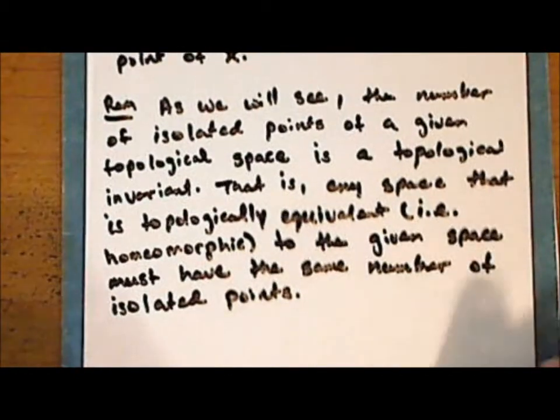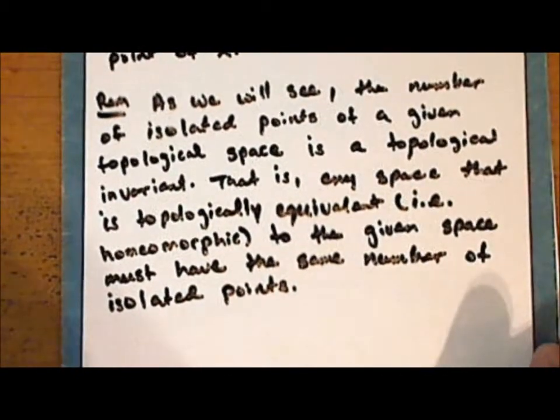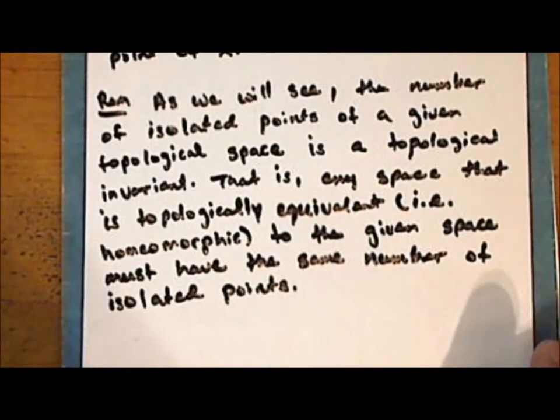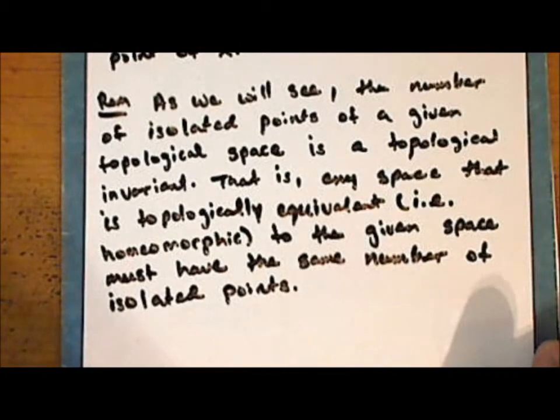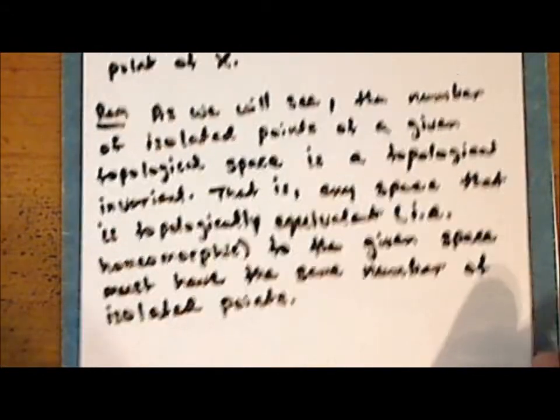So notice that we are not saying that two homeomorphic spaces must contain the same isolated points. Rather, they must have the same number of isolated points.